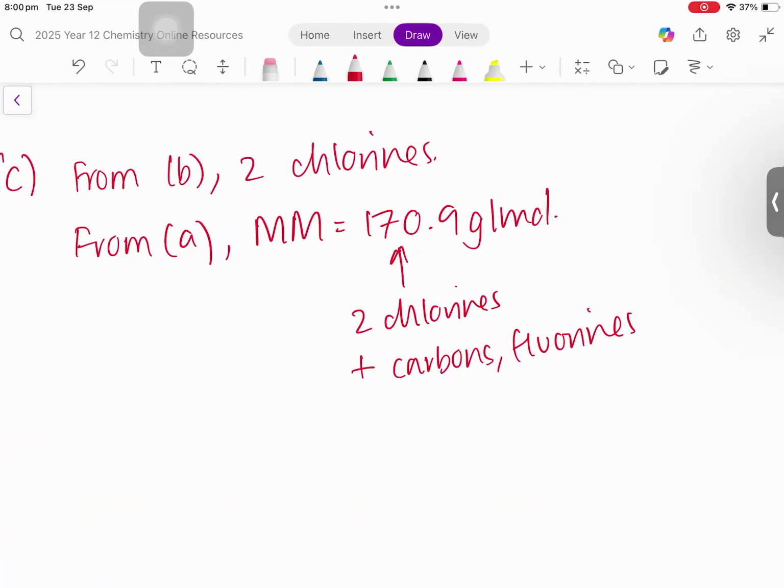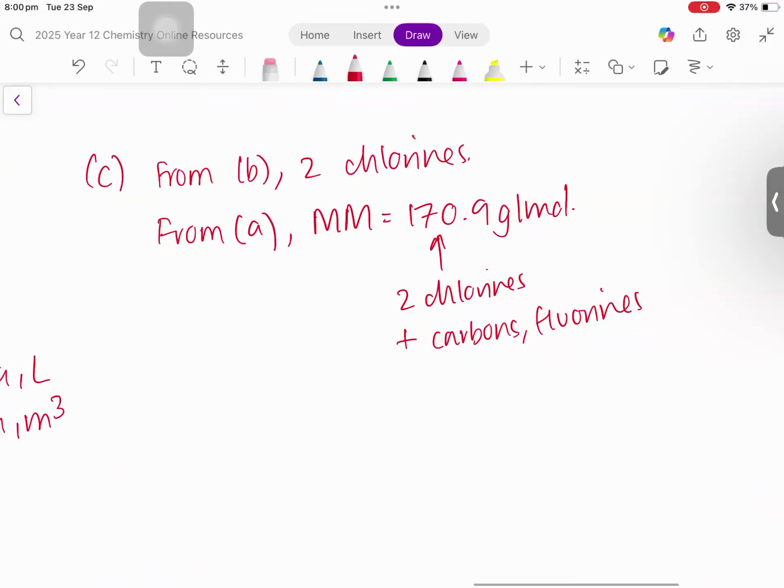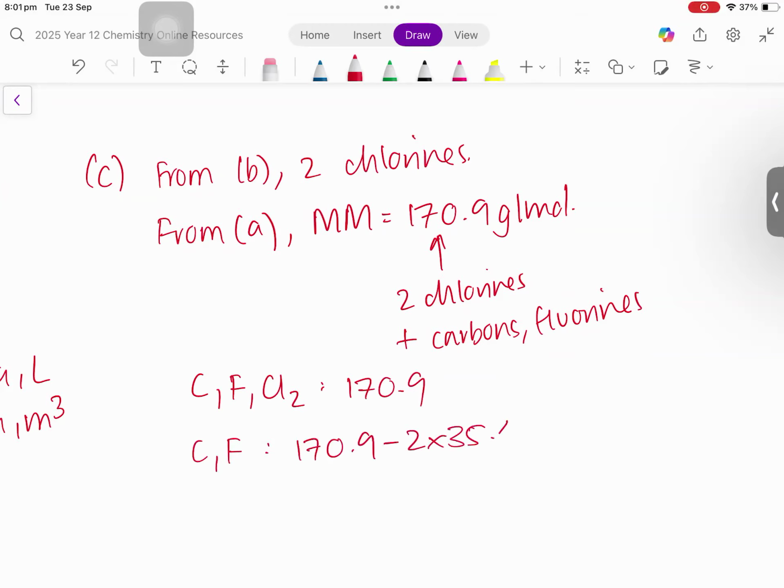I'm going to subtract the mass of the 2 chlorines from my 170.9: 170.9 minus 2 times 35.45. What is the mass left over just for the carbons and fluorines?